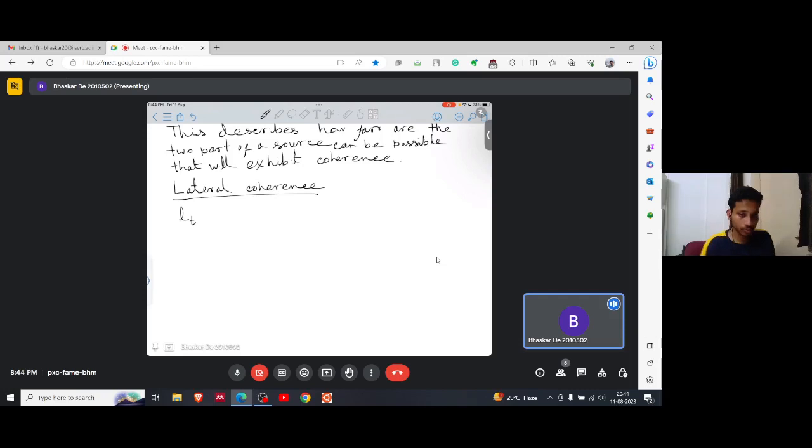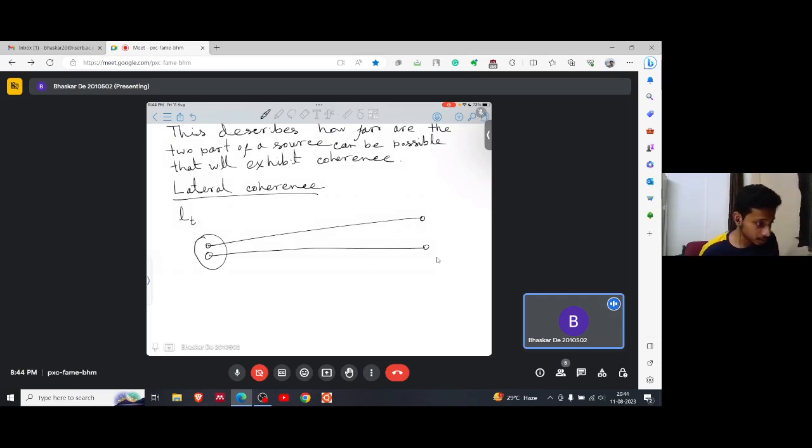the source. So if there is a source here and then the difference between these two parts of the source is like this. So the general nature of any kind of beam is that it is expanding.